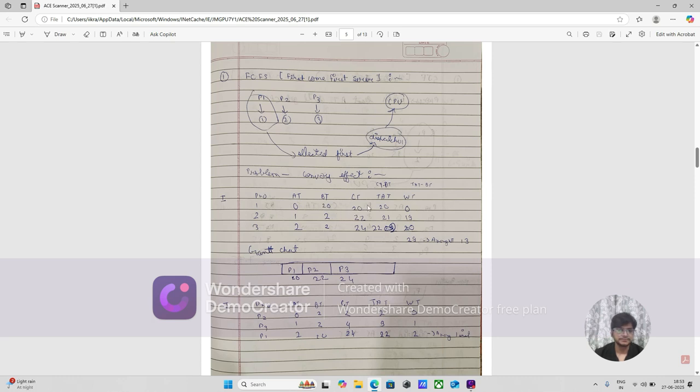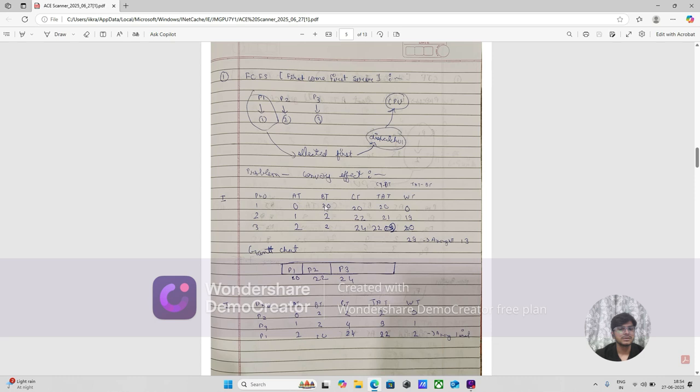If you see this example, there are P1, P2, P3. Arrival time means when the process arrives in the ready queue. And what is burst time? Burst time means we assume that the process will take this much time to complete and exit.